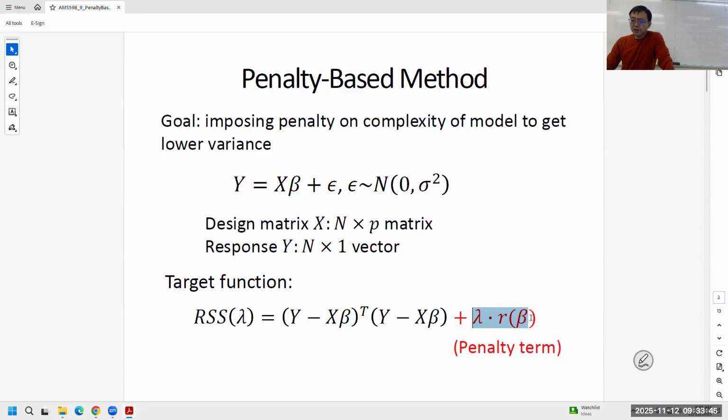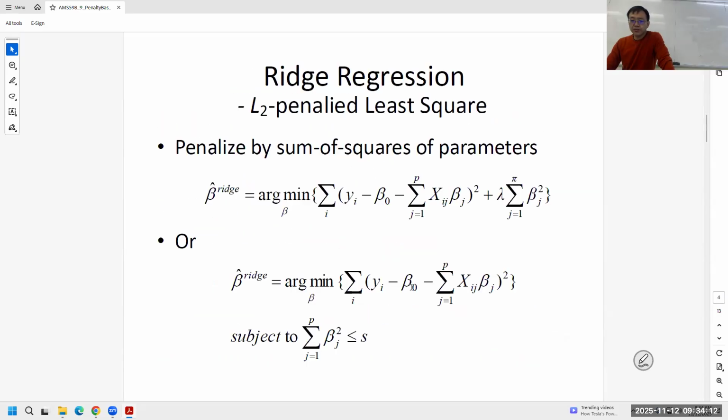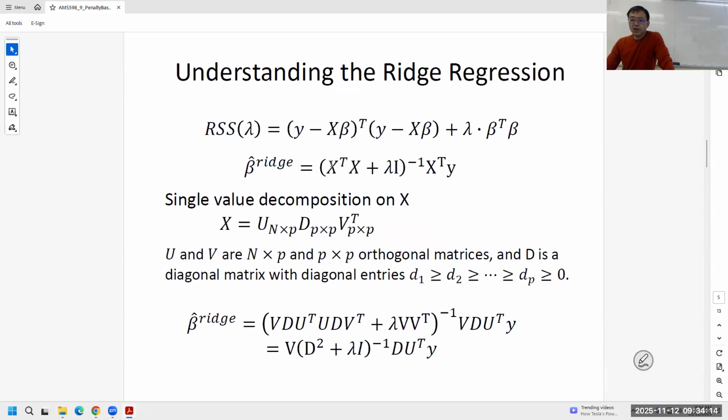We also discussed a little bit about why we want to include the penalty term here. Originally, the penalty term was included for numerical stability. People tried to make the solution of the regression more stable, because when your X has collinearity, where some columns are highly correlated, then X transpose X may be ill-conditioned, maybe not invertible.